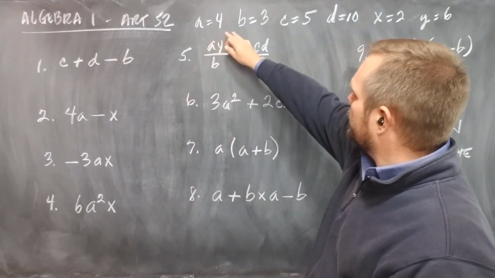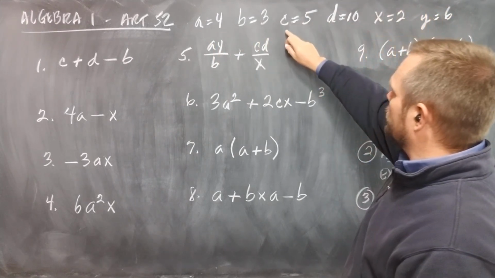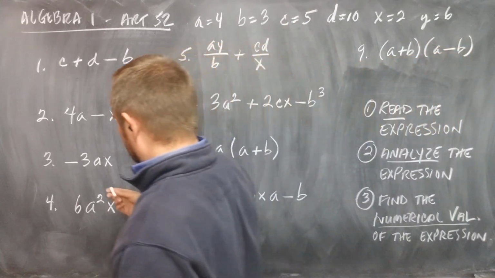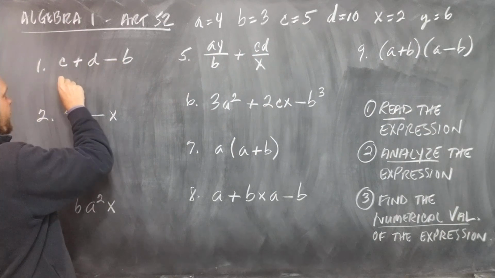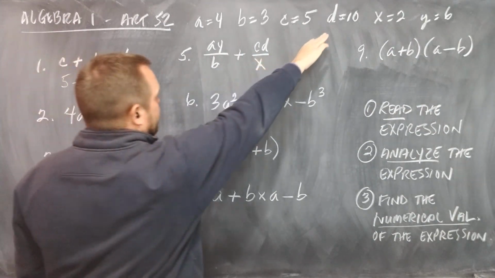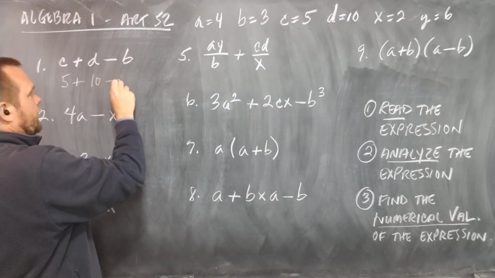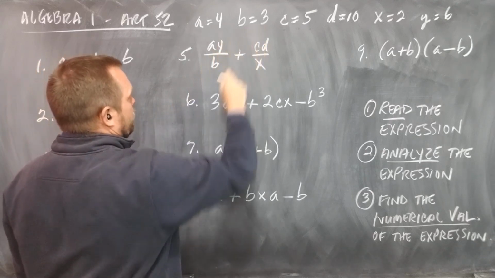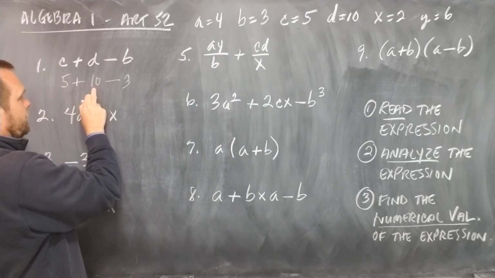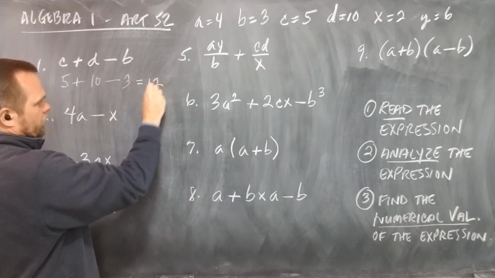Now, if we plug in these values that were given in our textbook, we see that the letter C is equal to 5. So we can write 5 plus the quantity D, and D we're told is equal to 10, minus the quantity B, which is equal to 3. 5 plus 10 makes 15, minus 3 equals 12.